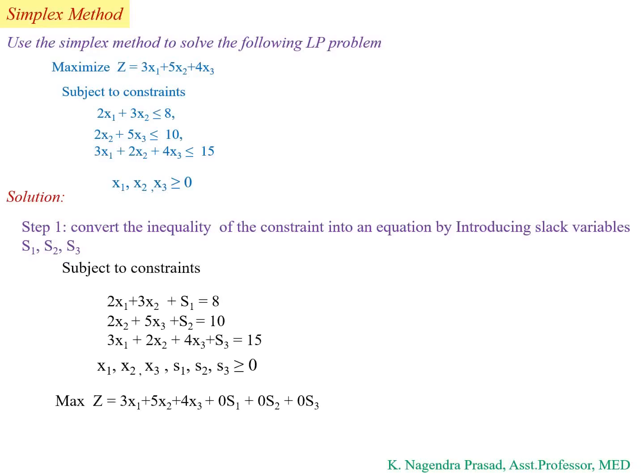Then the constraint equations are 2x1 plus 3x2 plus s1 equal to 8, 2x2 plus 5x3 plus s2 equal to 10, 3x1 plus 2x2 plus 4x3 plus s3 equal to 15, and x1, x2, x3, s1, s2, s3 all are greater than or equal to 0.